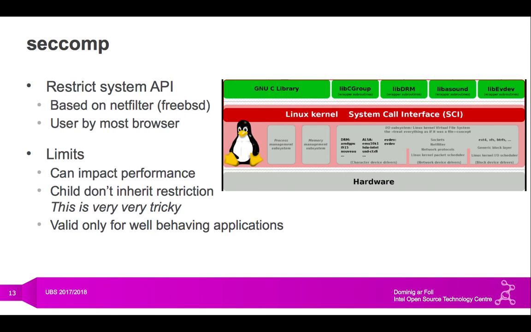What seccomp does is that it allows you to filter the Linux kernel system calls. You have the capability to establish pretty sophisticated filters, and you will say that a process is allowed to call that API, not allowed to call that API, or allowed to call that API with that given parameter.